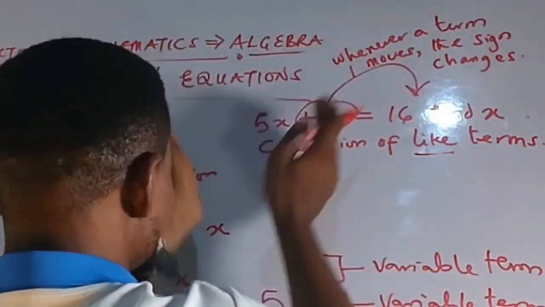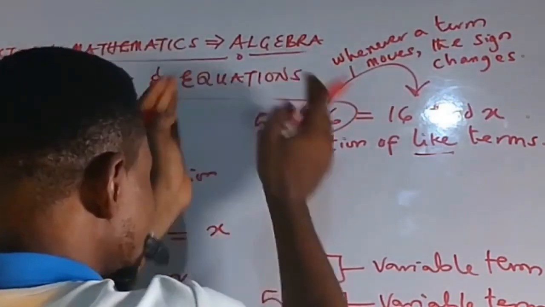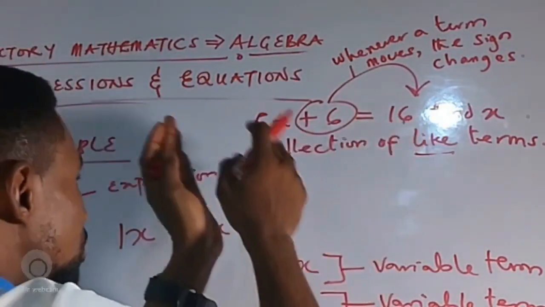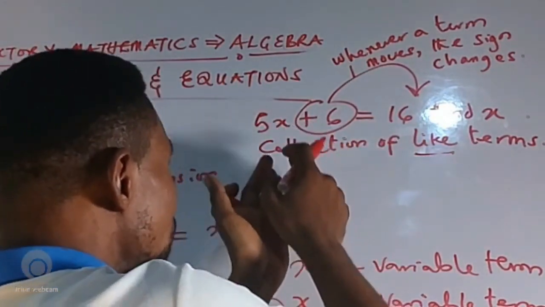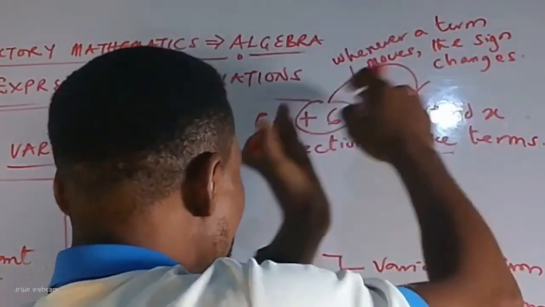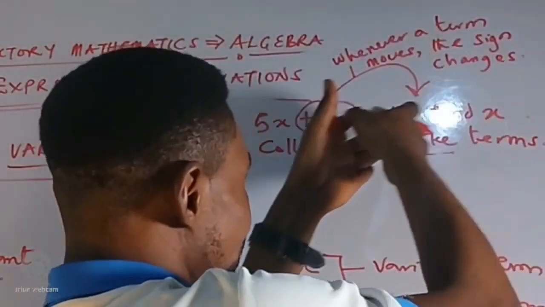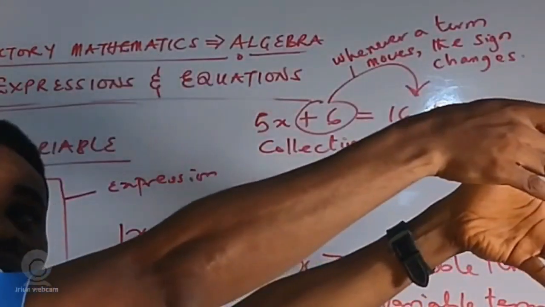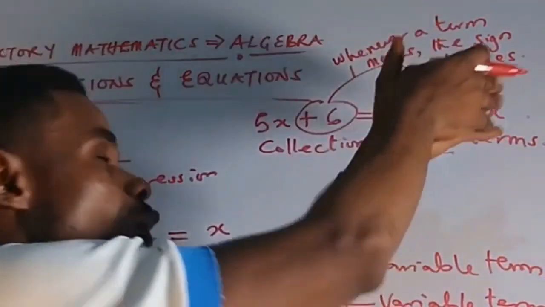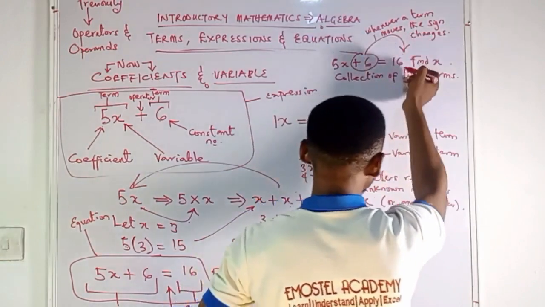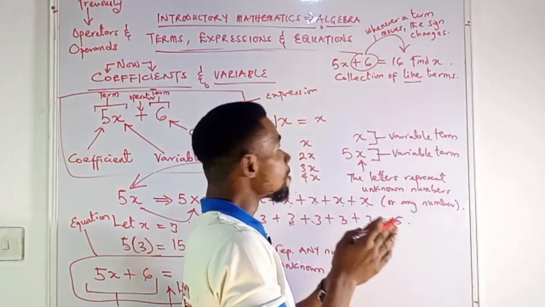If the movement is within the same side of the expression, the sign will not change. But if the term crosses the equality sign to join the other expression on the other side, the sign must change. So if it was plus 6 here, by the time it gets to the other side, it becomes minus 6.